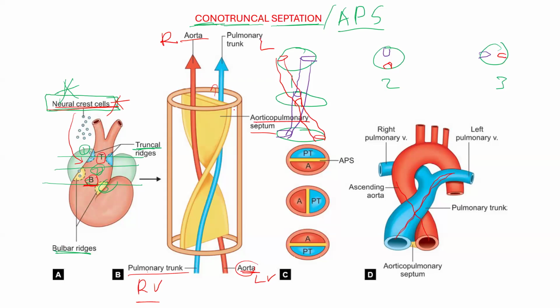Now, these ridges fuse in a spiral fashion to form this spiral aorticopulmonary septum. And that spiral aorticopulmonary septum is the one responsible for the pulmonary trunk being to the left side, as shown here. You can see the pulmonary trunk is going to the left, but it is originating from the right ventricle. The aorta is going to the right, but it is originating from the left ventricle.